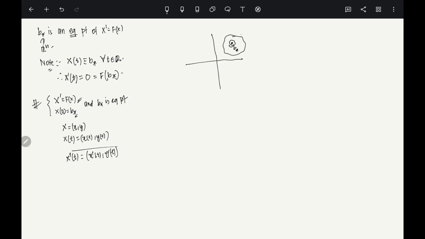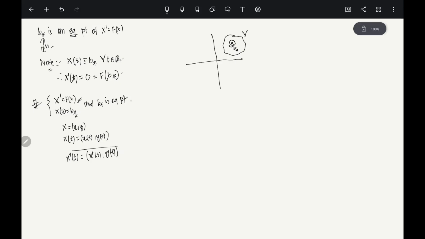So there is a neighborhood V of B star where the solution will always be contained. It cannot go out of the neighborhood. So there will be a neighborhood where you can contain the whole trajectory of the solution.